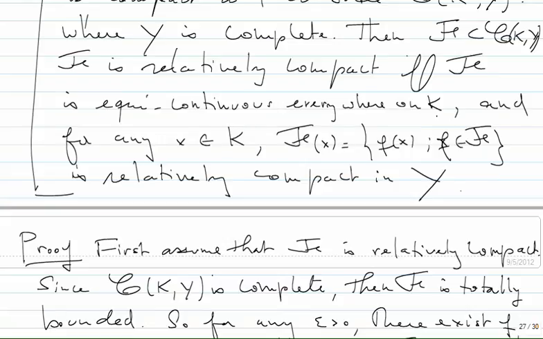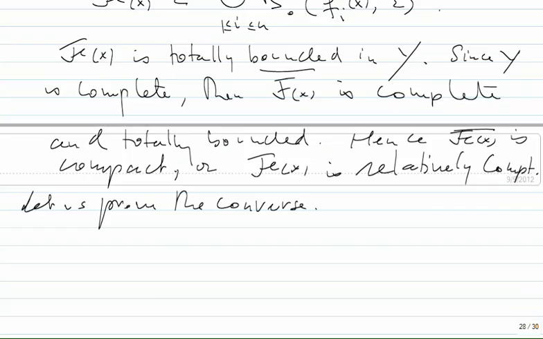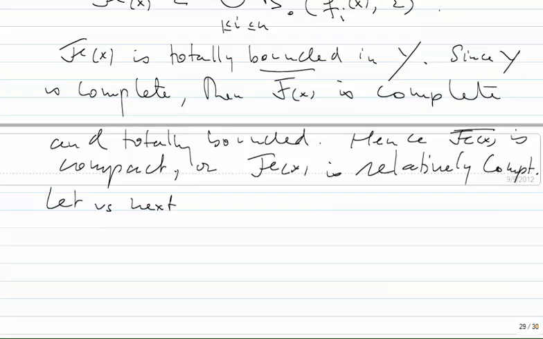So we showed that f of x is relatively compact, but we did not show that F is equicontinuous. So we are not completely done with this. So let us next prove that F is equicontinuous.